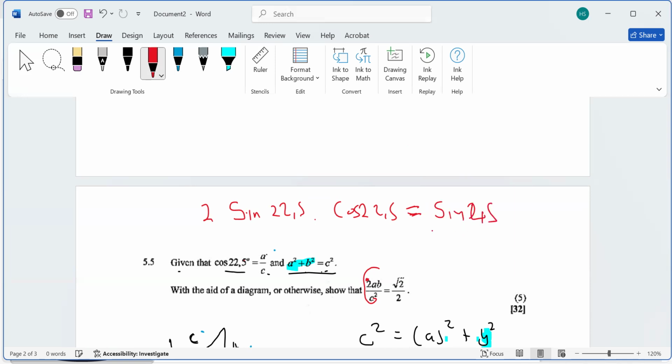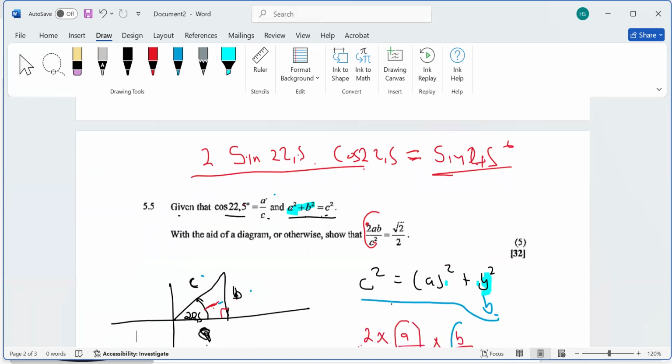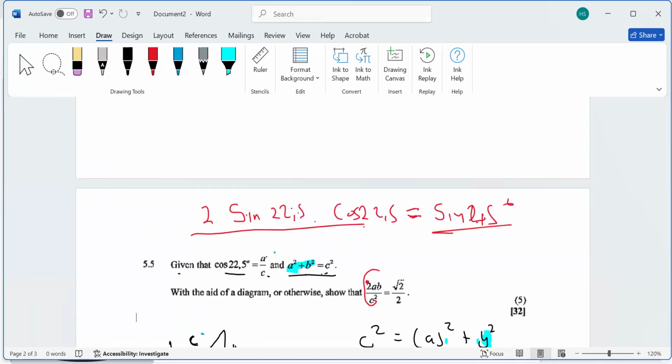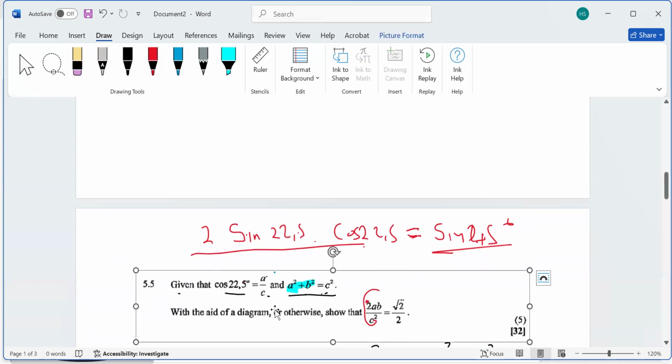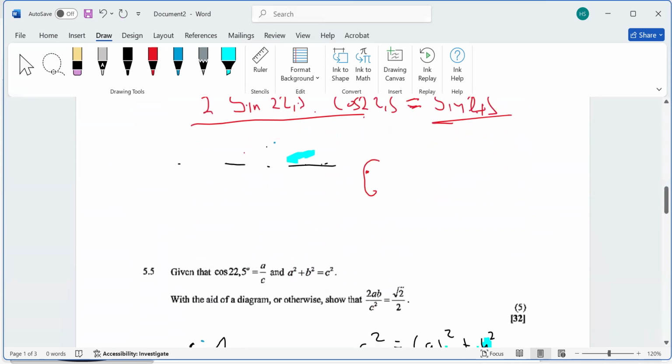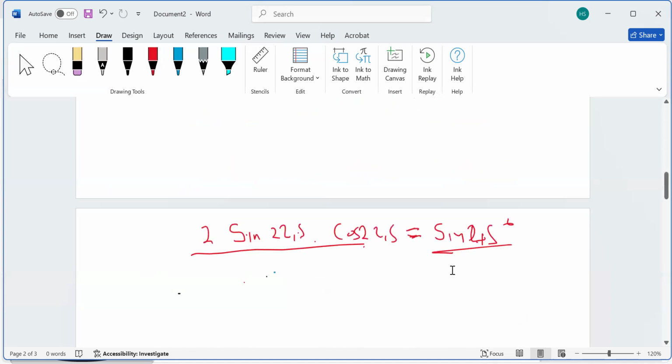Since we are trying to show this, we say: I know sine of 45 can be written this way.